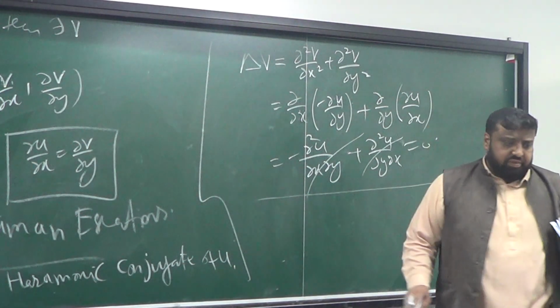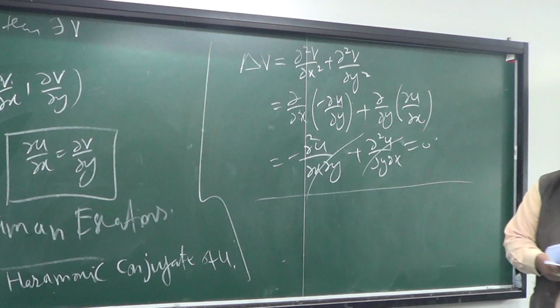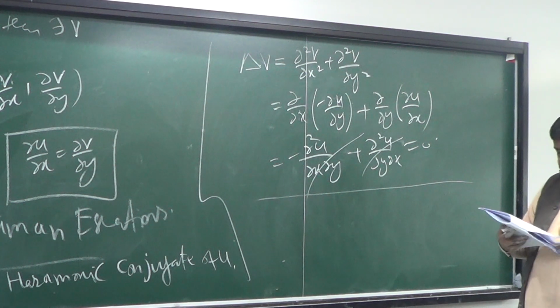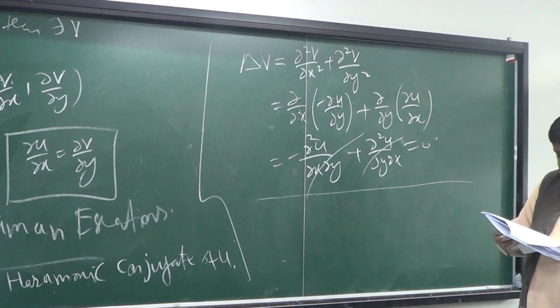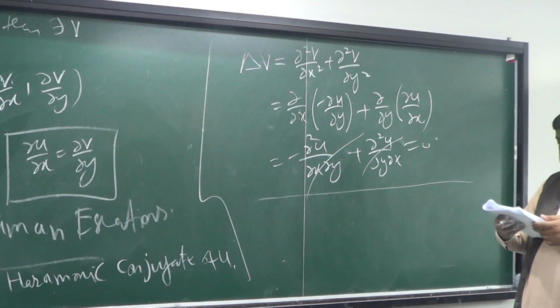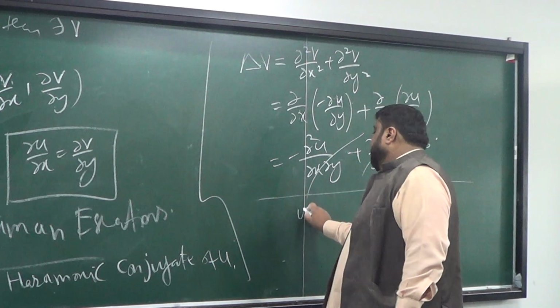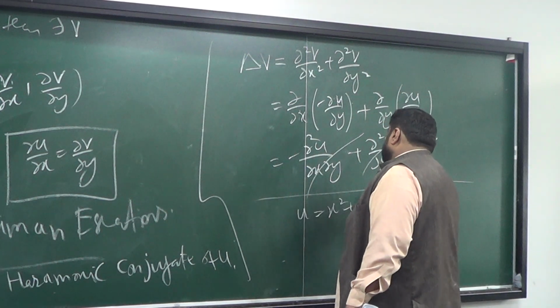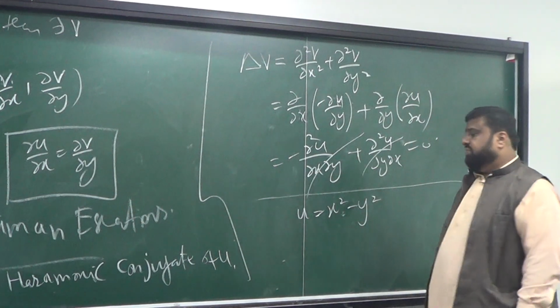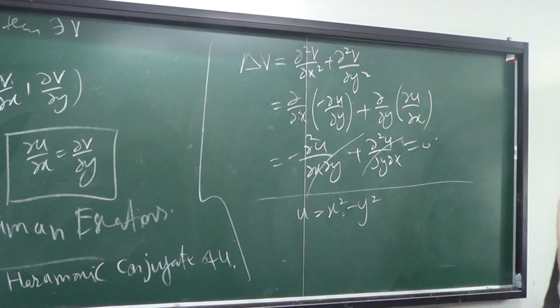Let's do one example and see what interesting curves we get. Take U equal to x square minus y square.